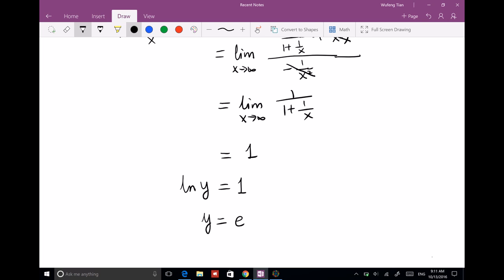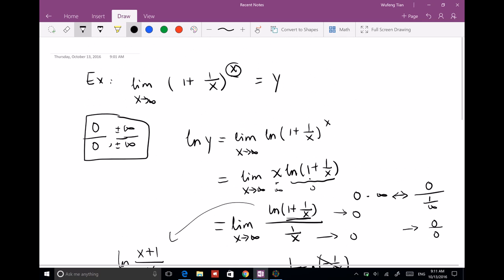Since we have a natural log y here, we got natural log of e equals 1. So y equals e. ln is log base e, so when you rewrite this in exponential form, y equals e to the power 1. So you got y equals e.